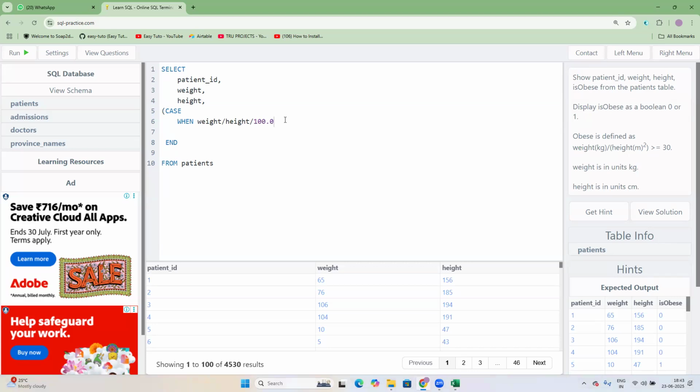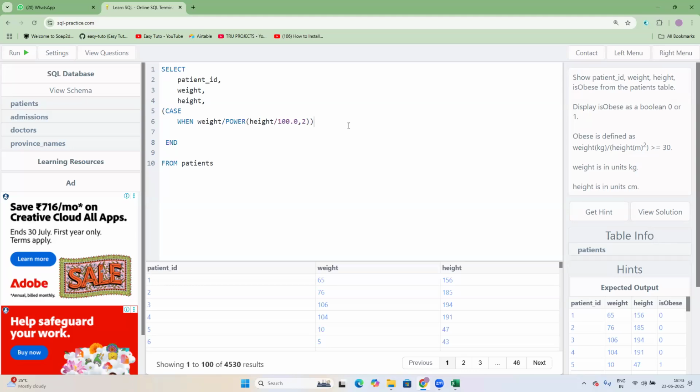Understood? Okay. Now, how do I write this square? Very easy, guys. The same concept as round. Instead of round, I'll write power. After all my calculations, I'll put a comma and I want to square it, so I'll write 2. If I want to cube it, I'll write 3. That's the calculation.